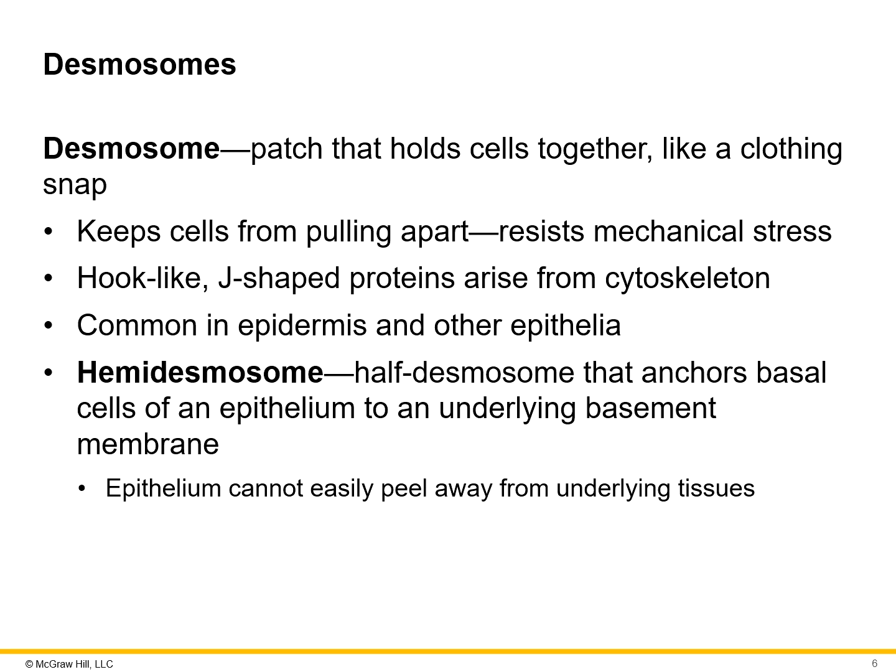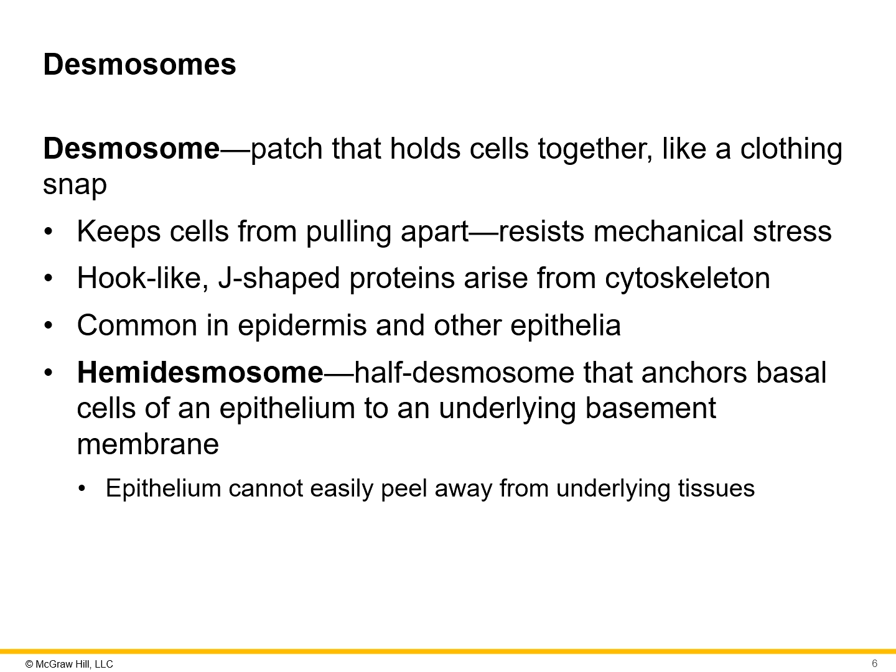Then we have structures called desmosomes. These are patches that hold the cells together, kind of like in a baby onesie, those little snaps that clasp together. Or the old Adidas style tearaway pants, they click together with a button, so like a little clothing snap.